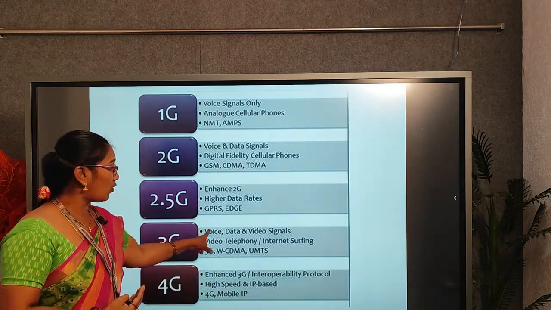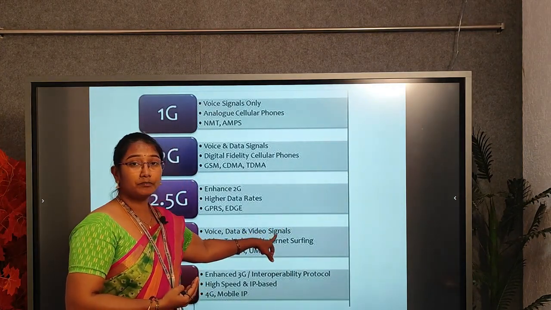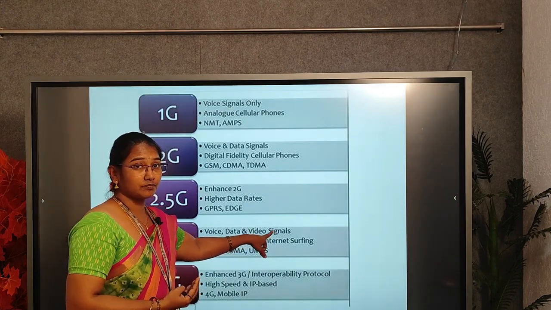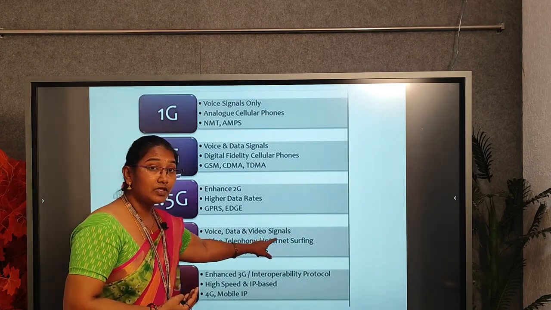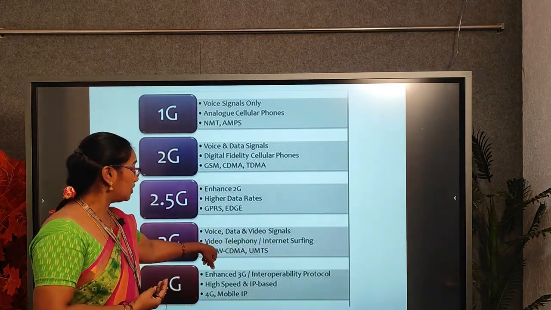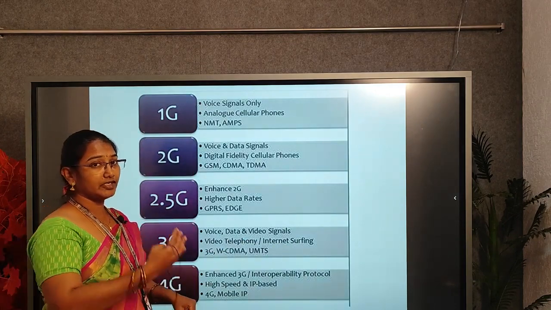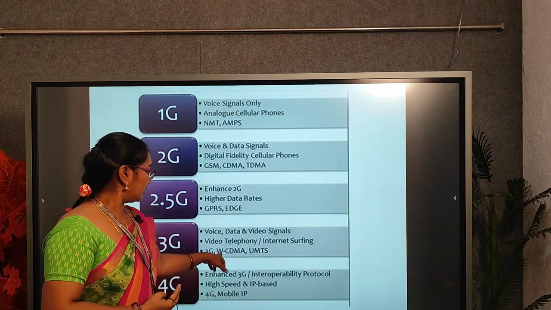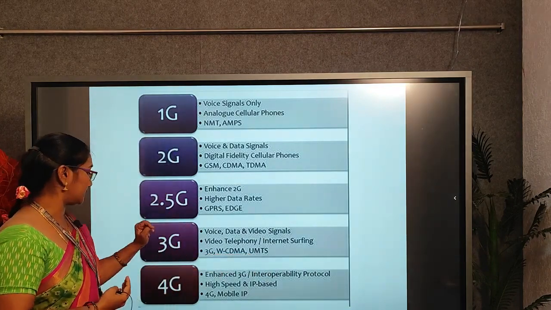Next, 3G, voice, data and video signals. Here comes the picture in video signals. Okay, up to this only data signals. Here is the video signals and video telephony or internet surfing, internet usage, right? WCDMA and UMTS are the technologies in the 3G.